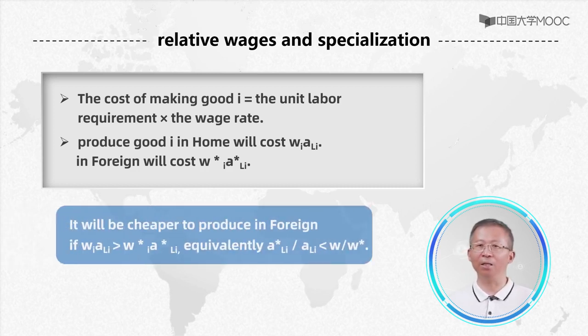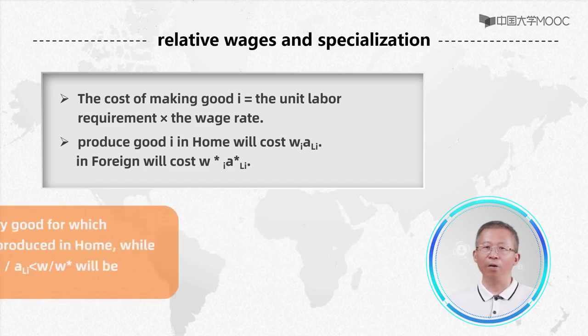On the other hand, it will be cheaper to produce the good in foreign if W a_LI exceeds W star times a_LI star, which can be rearranged to yield a_LI star over a_LI is less than W over W star.